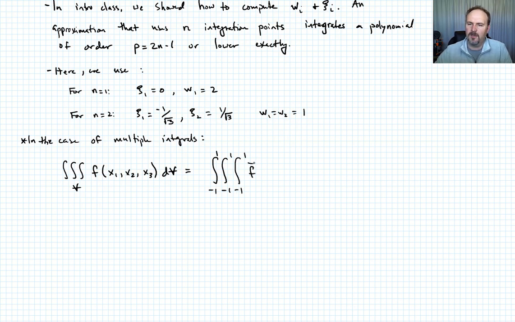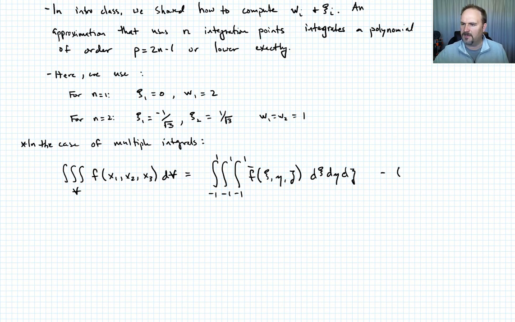Now, similarly, it's going to be f bar of xi, eta, and zeta, d xi, d eta, d zeta. Okay? Let's go ahead and call that equation 6.